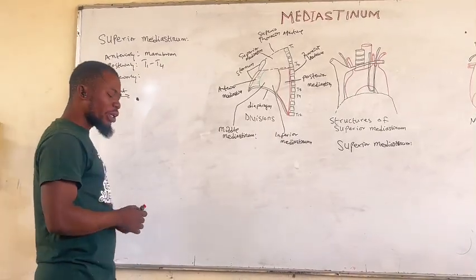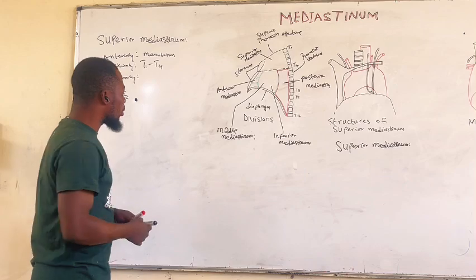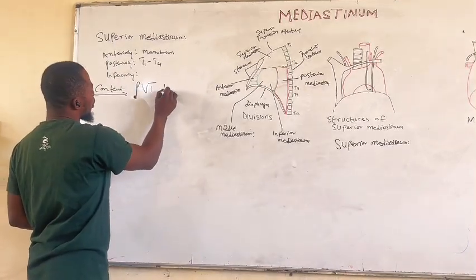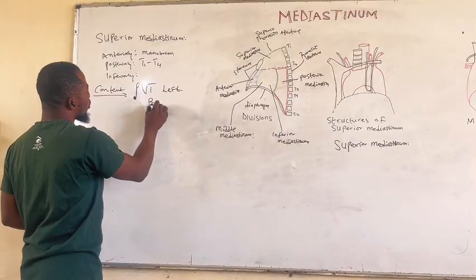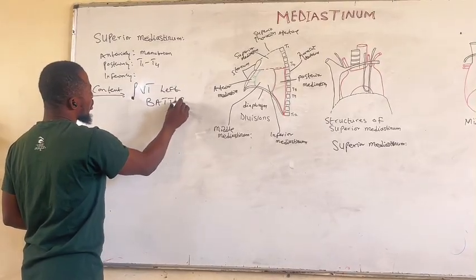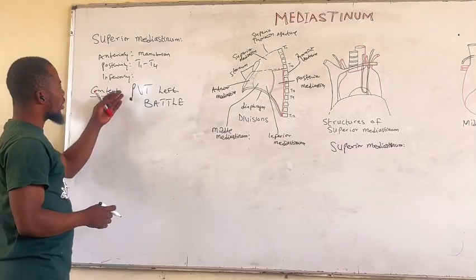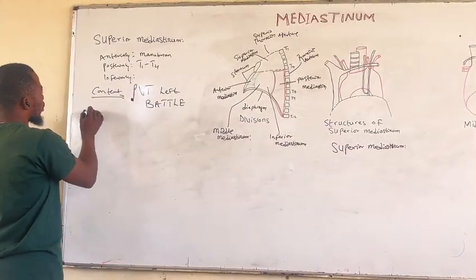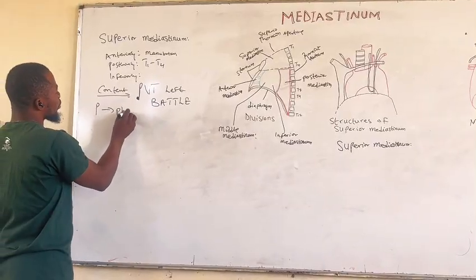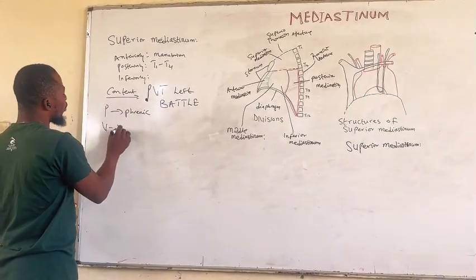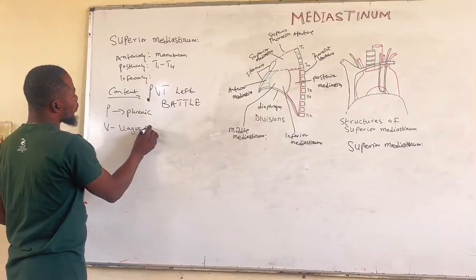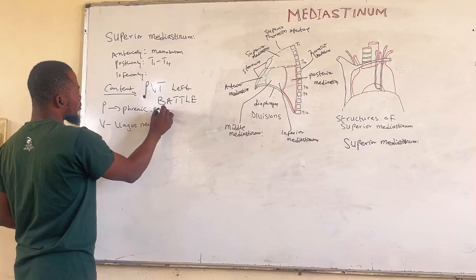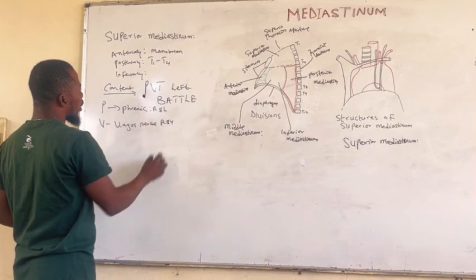The contents of the superior mediastinum you can easily remember using the mnemonic PVT left BATTLE. Generally, these are the entire contents of the superior mediastinum, where P stands for phrenic nerve, V stands for vagus nerve, that is both right and left phrenic nerve, right and left vagus nerve.